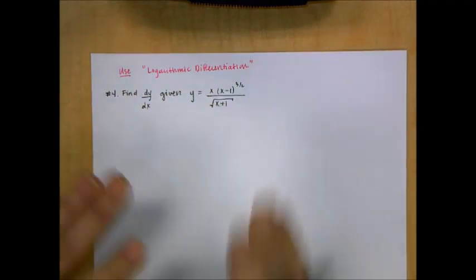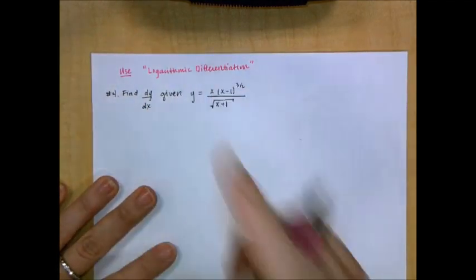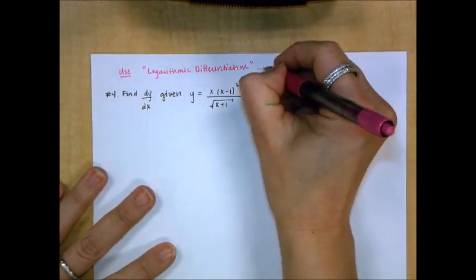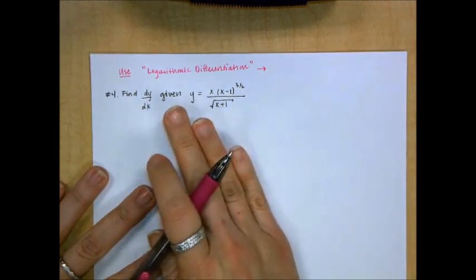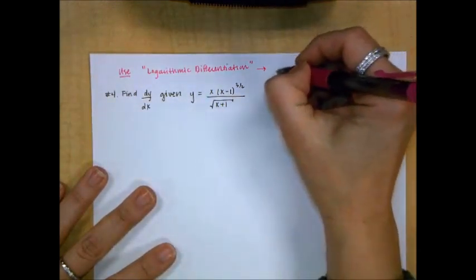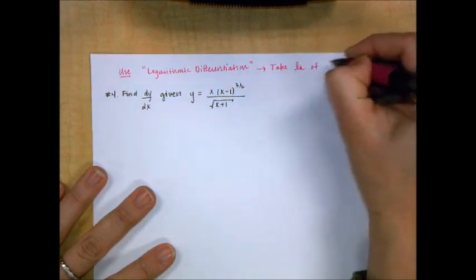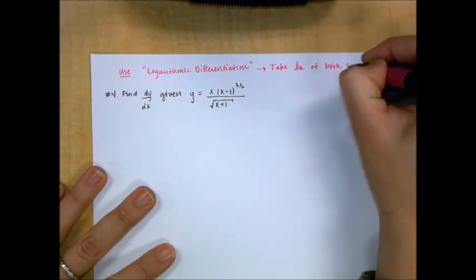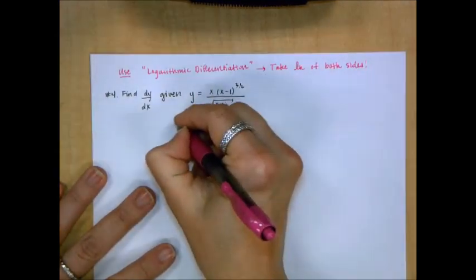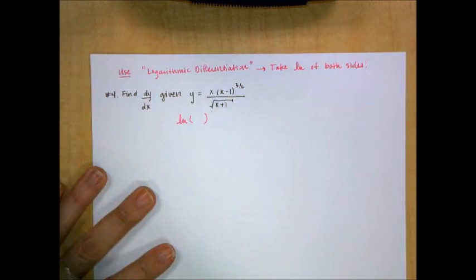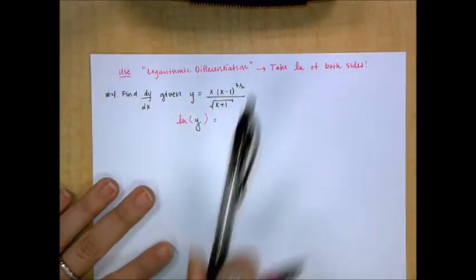When it says this, it means that you are going to introduce the natural log to both sides, or take the natural log of both sides. So that's going to be like this: the natural log of y on the left is equal to the natural log of all of this on the right.